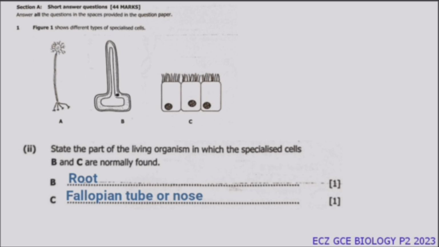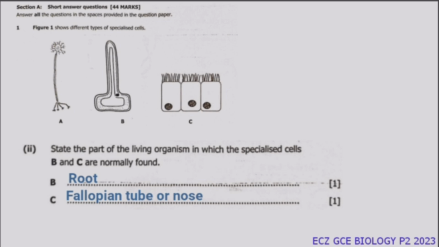Both answers are correct. In the fallopian tube, when the egg is moving from the ovary to the uterus, these ciliated cells will facilitate the movement of the egg. When the nose is full of mucus, the cilia cells will help sweep the mucus from the nose.